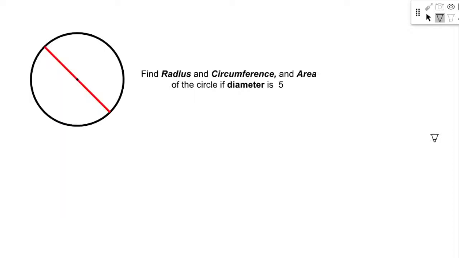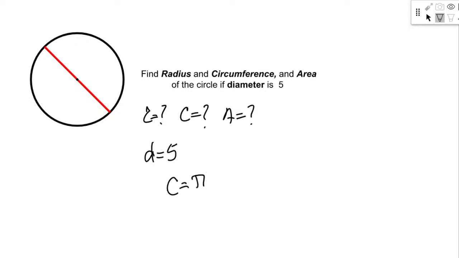So let's go next. Let's have some practice here. Find the radius, circumference, and the area of the circle if the diameter is 5. So D equals 5. Well, we know c equals pi multiplied by d.